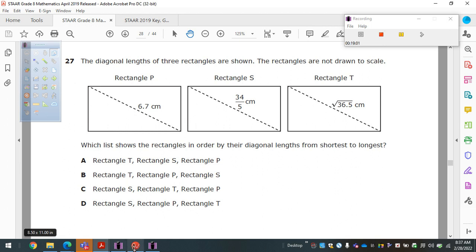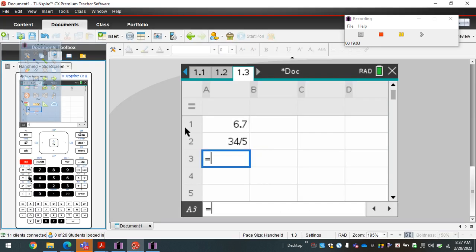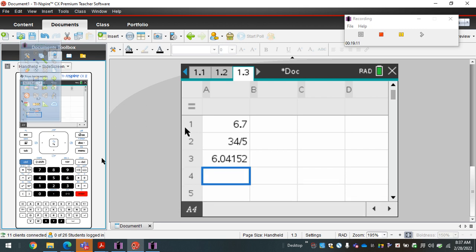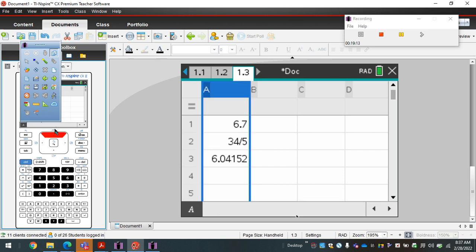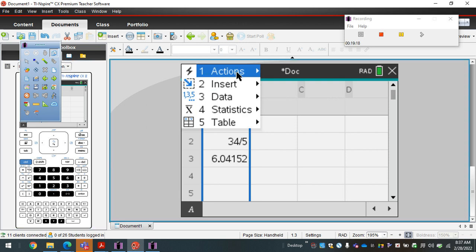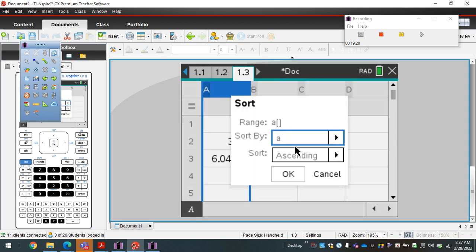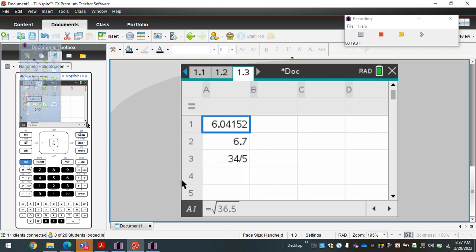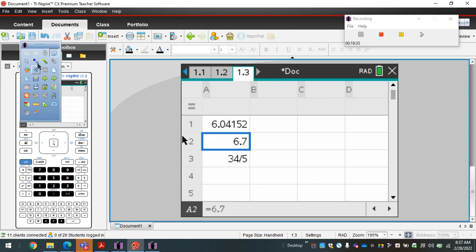Square root of 36.5. Okay, actions, I'm going to go from shortest to longest. So the shortest will be the smallest number, then the longest will be the longer number. So we're going to go ascending again. And there it is, 6.04, which is the square root of 36.5, and then 6.7.